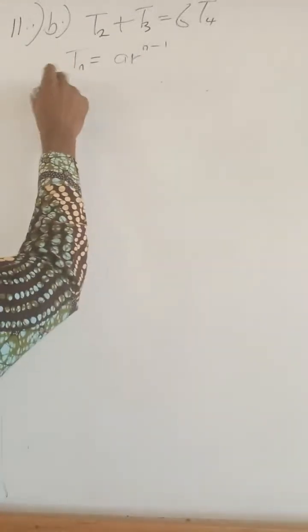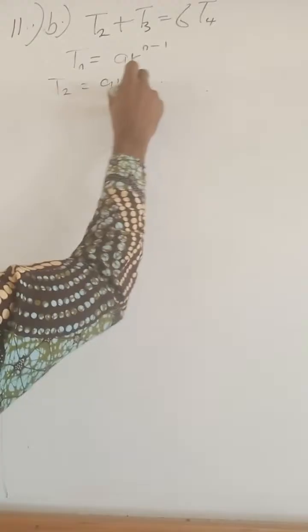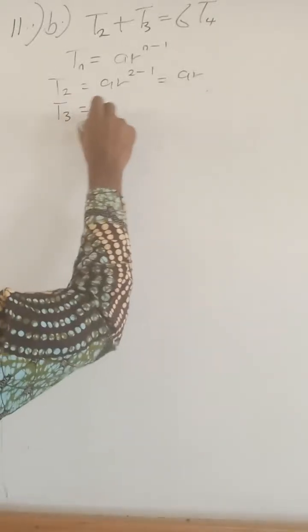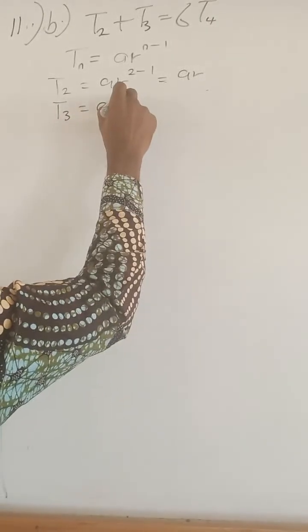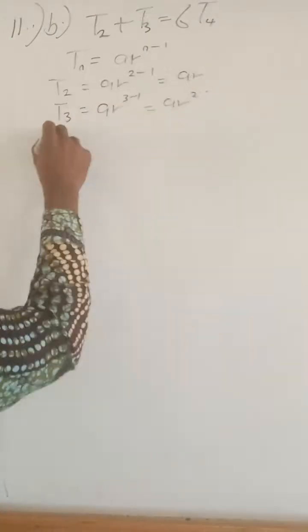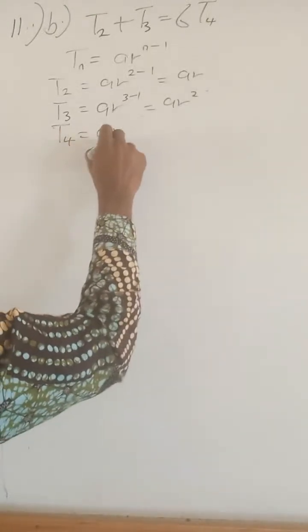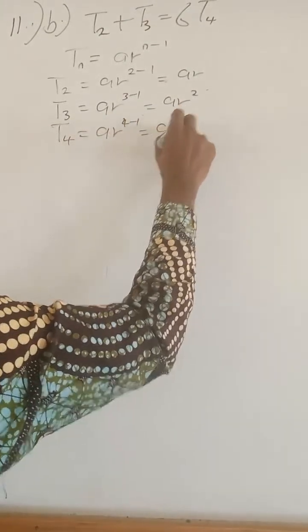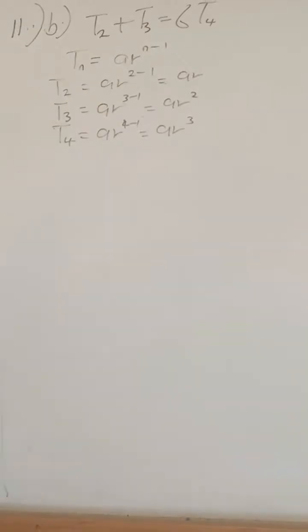And so T2 will be a times r raised to power 2 minus 1, which is ar raised to power 1. T3 will be a times r raised to power 3 minus 1, which is a times r squared. And T4, the same, you have a times r raised to power 4 minus 1, which is a times r cubed.